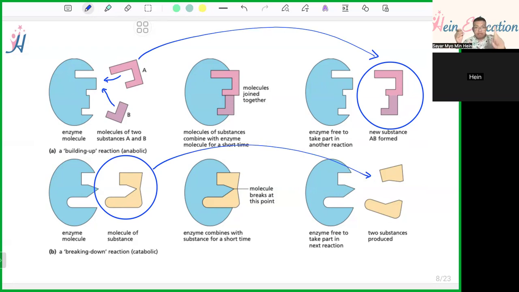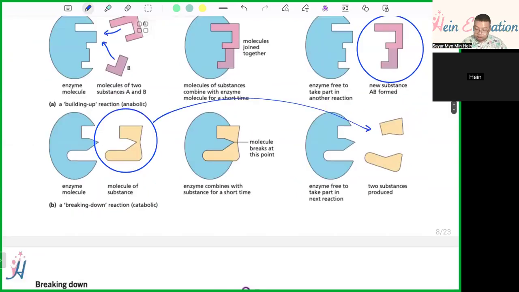Okay, so you have to remember the lock and key model, and there are two components in metabolism or metabolic reaction, which are anabolic and catabolic. Anabolic means building up from smaller molecules to larger molecules, and catabolic means breaking down from larger molecules to smaller molecules.